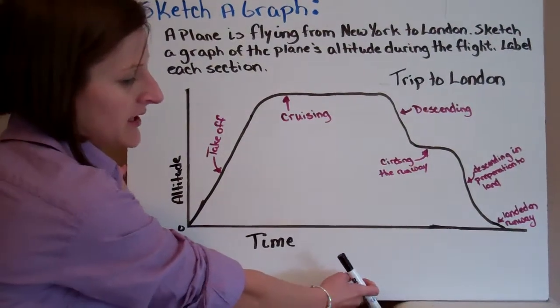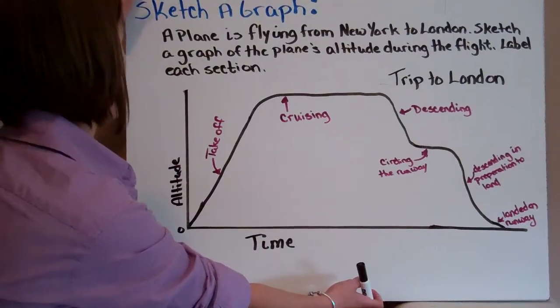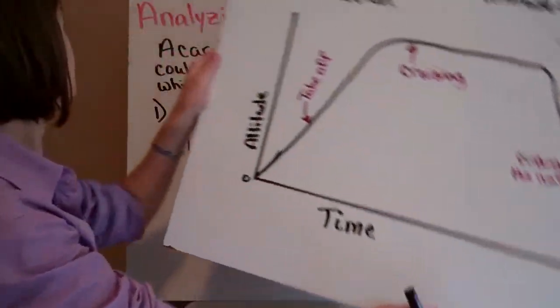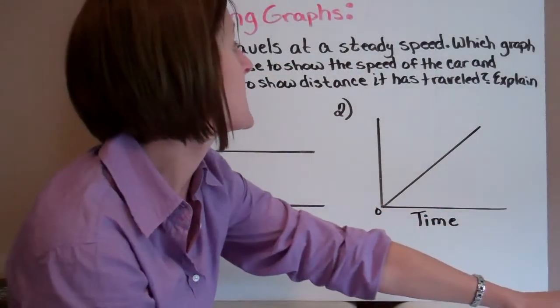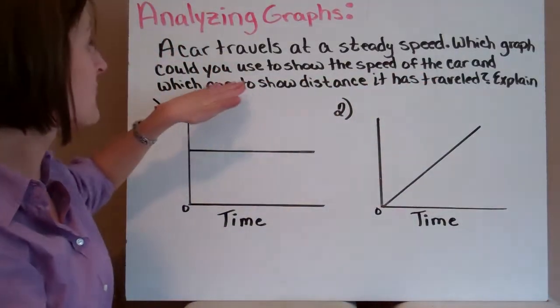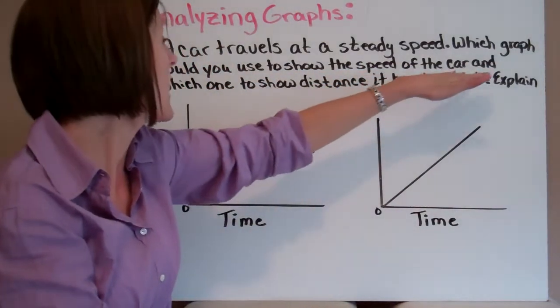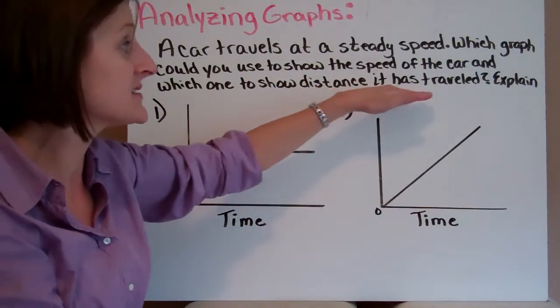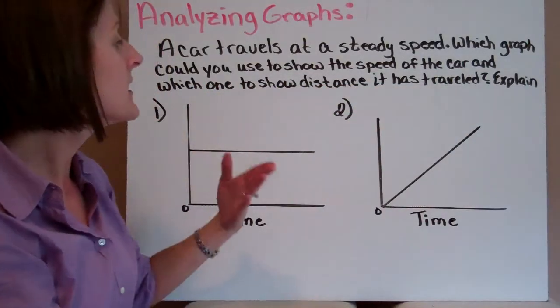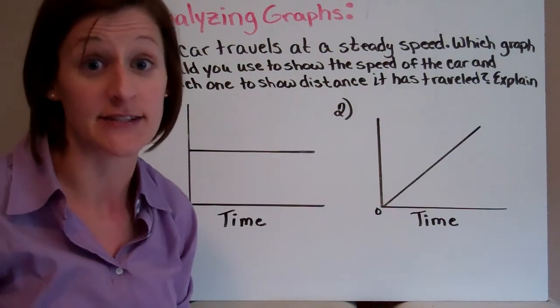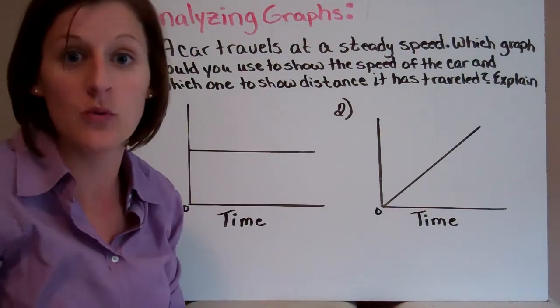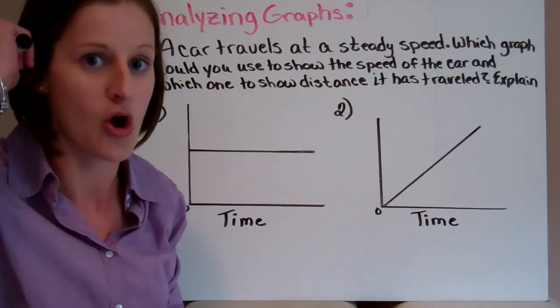Okay, the last one is analyzing a graph. So I have a situation. The car travels at a steady speed. Which graph could you use to show the speed of the car, and which one to show the distance it has traveled? Now, when we're showing distance traveled, typically you increase your distance as you travel over time.